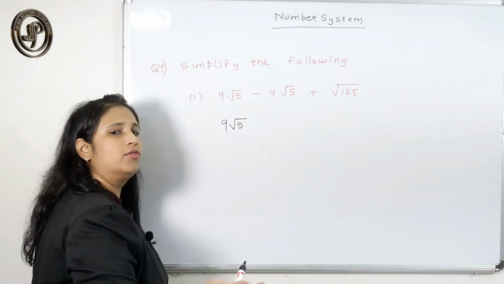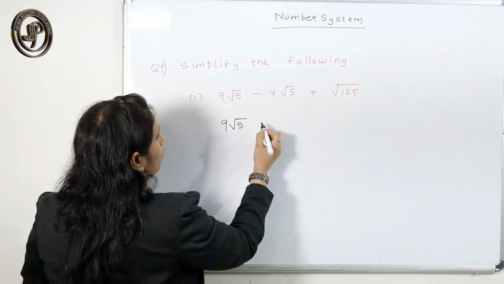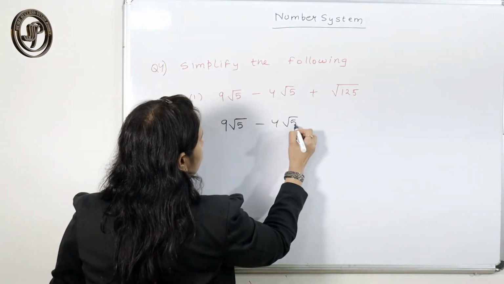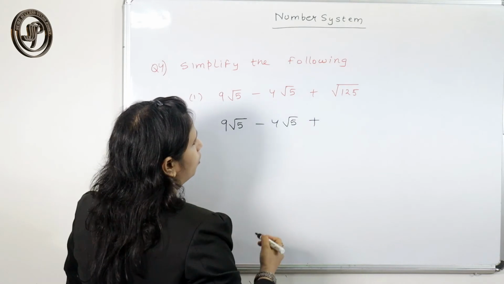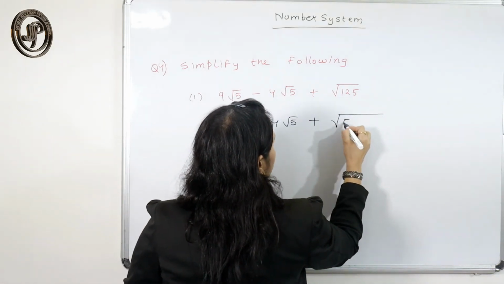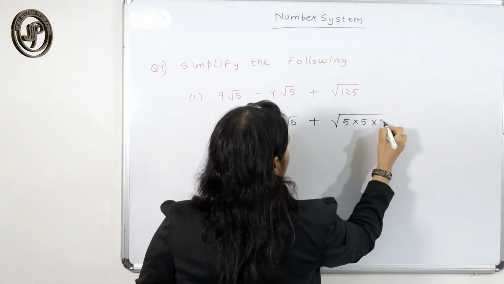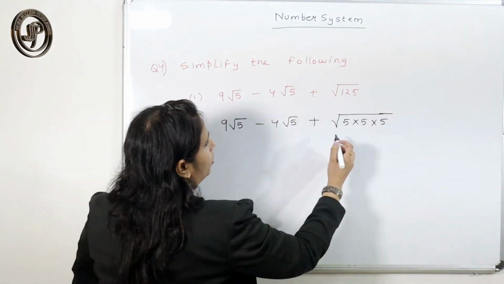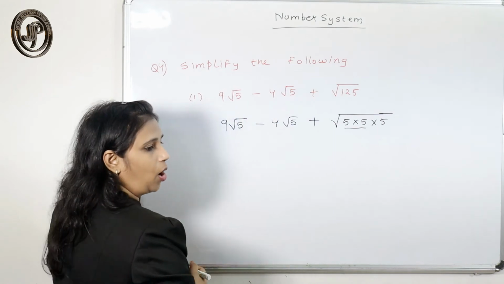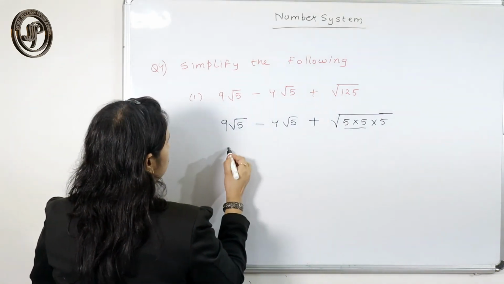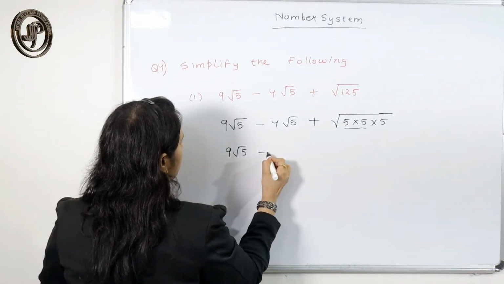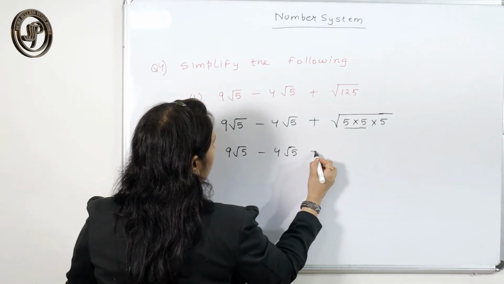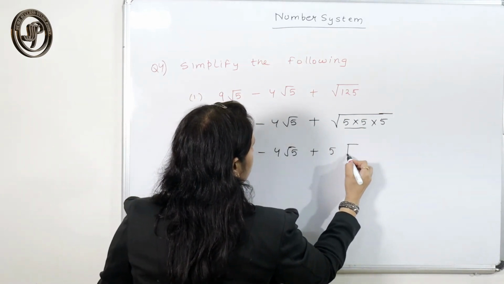Here 5 you can't further simplify. But this one you can further simplify as 5 into 5 into 5, and you can take a pair of 5 out because the order is 2. So it is 9 root 5 minus 4 root 5 plus 5 root 5.